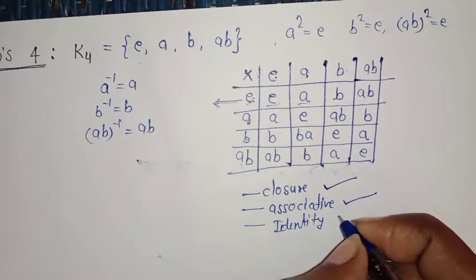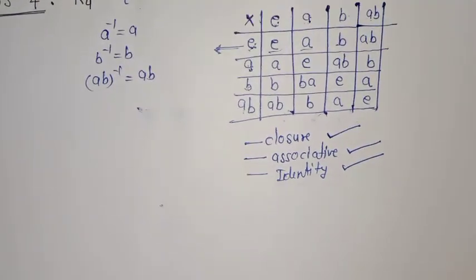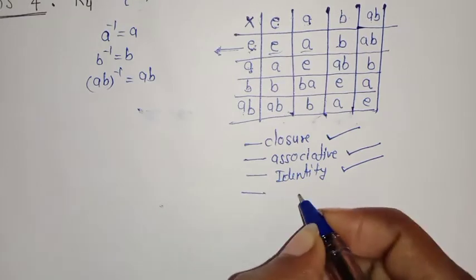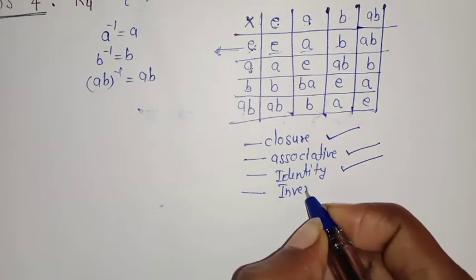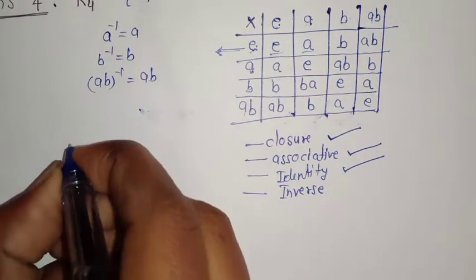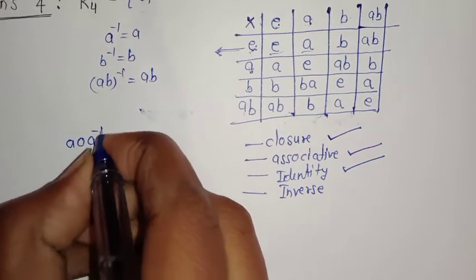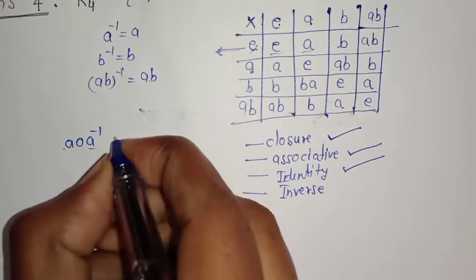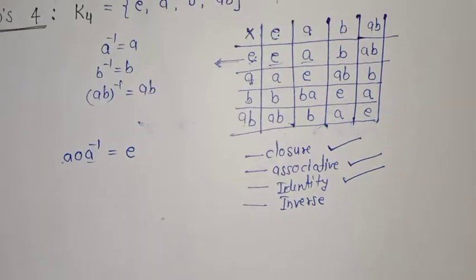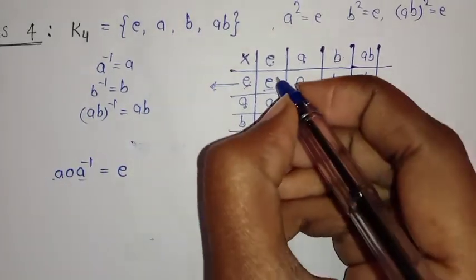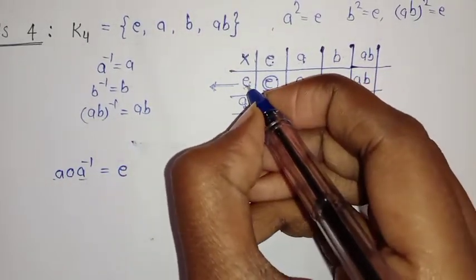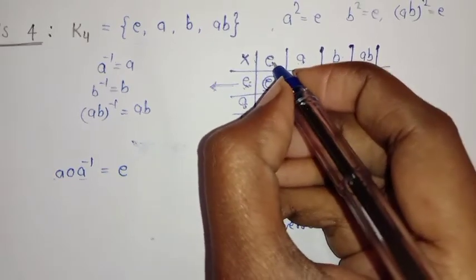Now the condition arises for inverse that I want to check. In order to check the inverse, I told you that the inverse is the element which, when multiplied with the element, gives me identity. So if we see here, we are getting identity. The inverse of identity is identity.